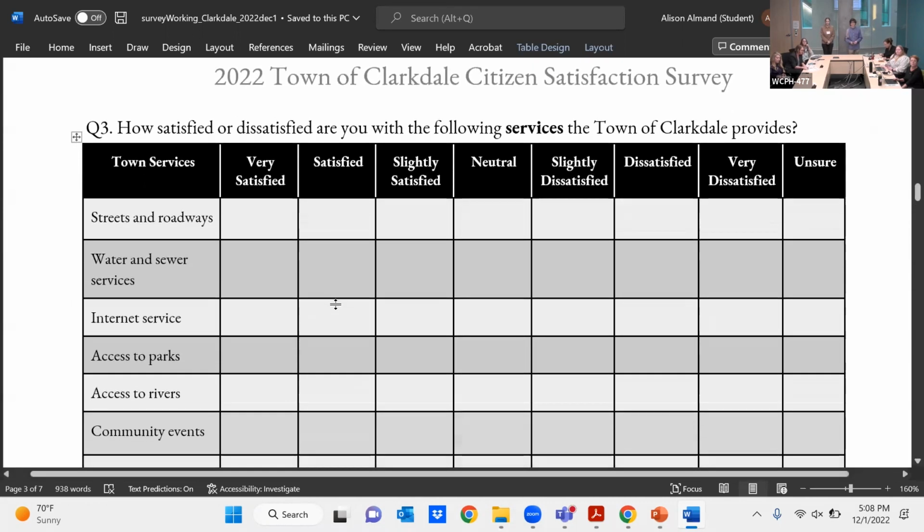This is about the services Clarkdale provides: streets and roadways, water, sewer services, and more. We know the survey is not a promise to respondents that we're going to fix all their problems, but we're trying to get as much information as we can about what is feasible for the town of Clarkdale to look at and improve if necessary.